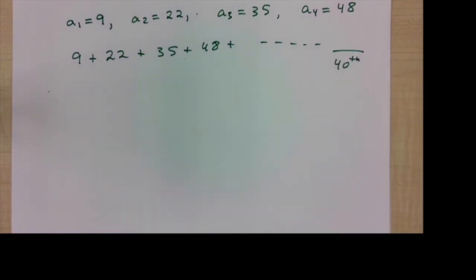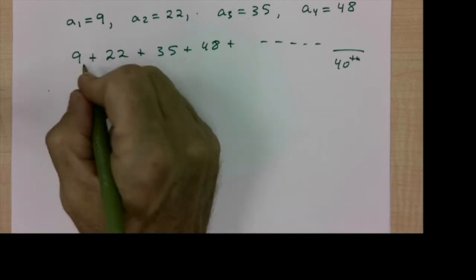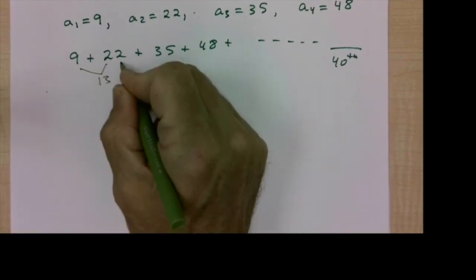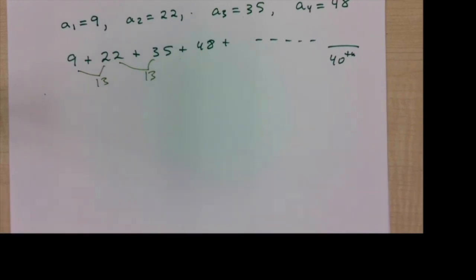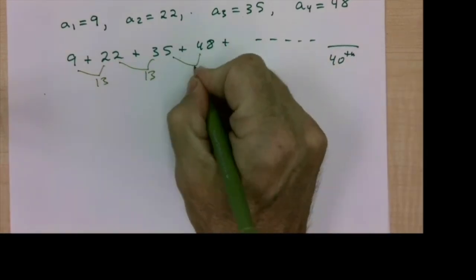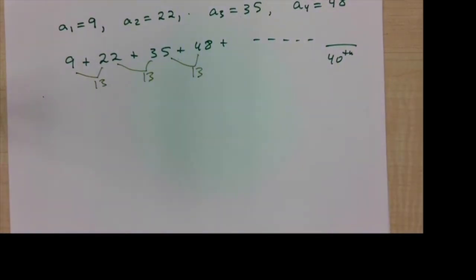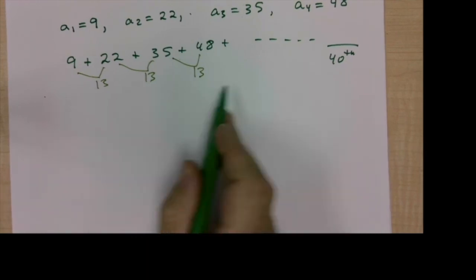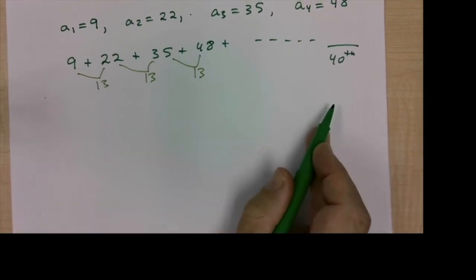We want to find out what that is. But again, just to emphasize, our common difference here is 13. 13 here, 13 here, 13 here. So we have 13 as our common difference.